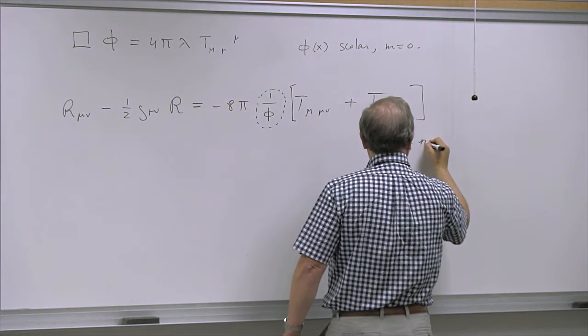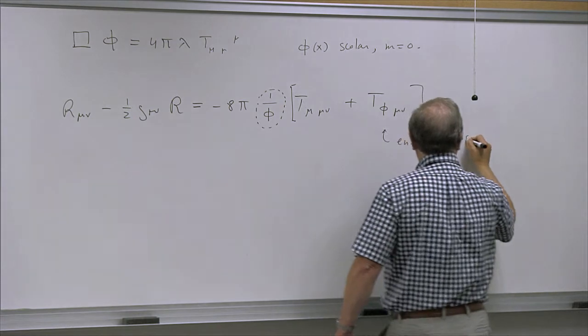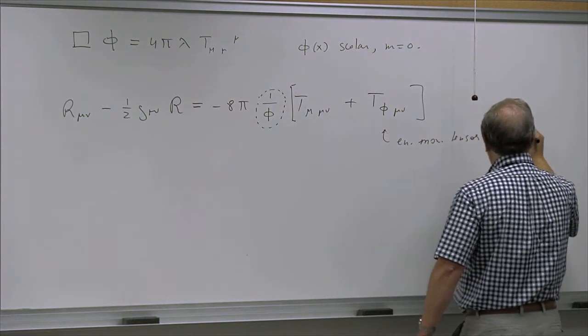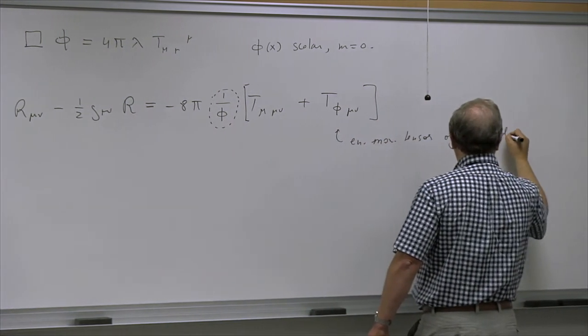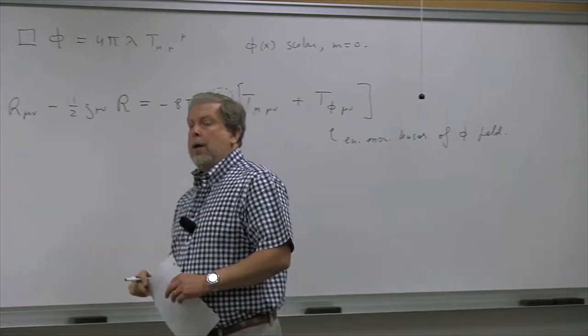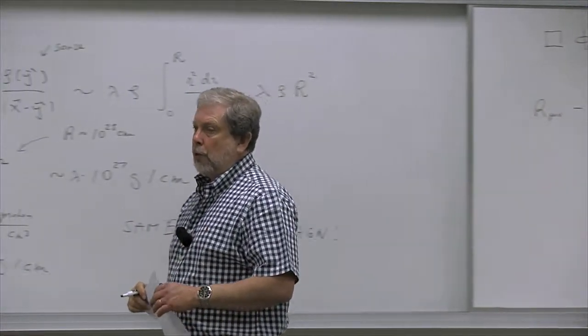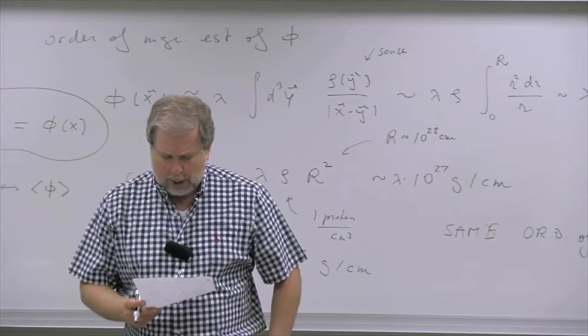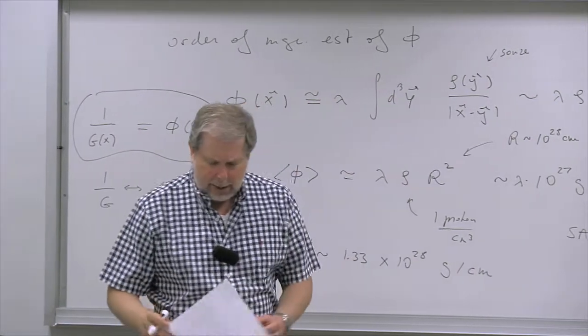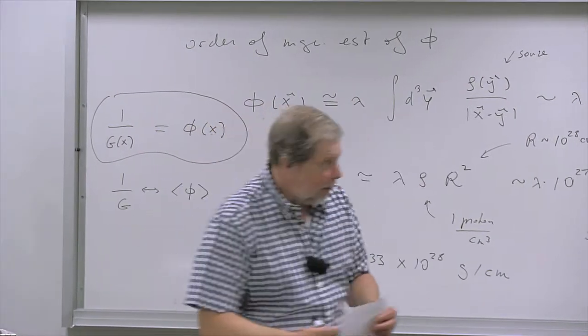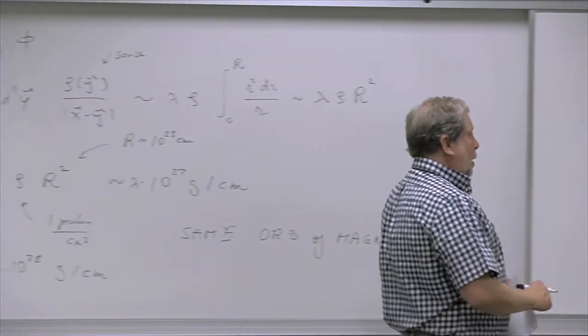So this is the energy momentum tensor of the phi field. Right? And we can write that down too, and of course it is going to have a rather specific form, and we'll come to that in a moment, right?